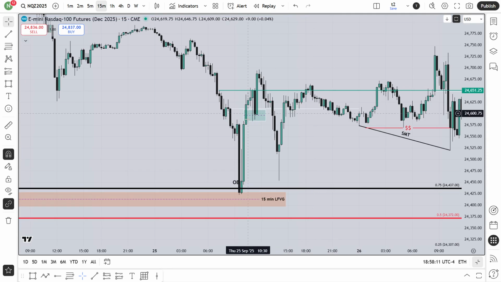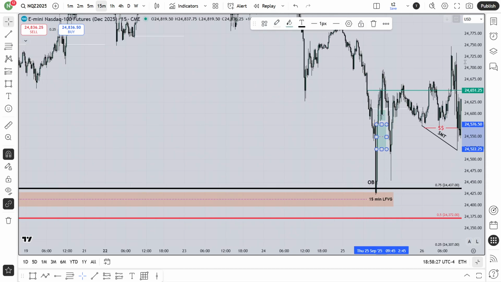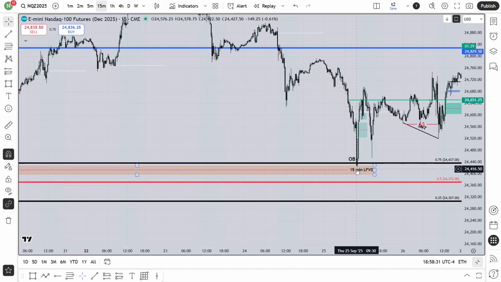So there is a fair value gap, which is called a bullish fair value gap. I called it the entry fair value gap. Don't get confused. I explained that entry fair value gap, and this is another last fair value gap. As my bias is bullish, first of all, try to understand this market has fallen a lot from here to here. It has fallen a lot.